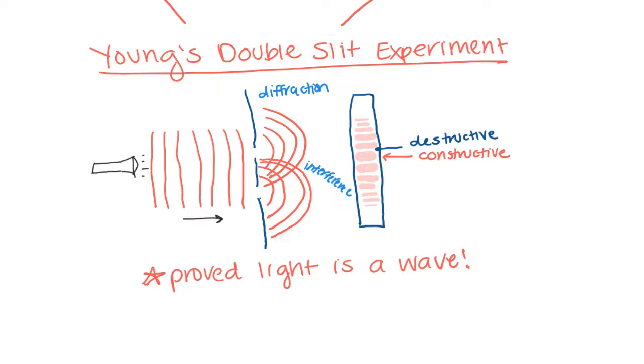Now, after this barrier with those two slits, Young placed another flat surface. We could say this was a wall, so that he could see the result of the light traveling through this double slit, these two different slits.